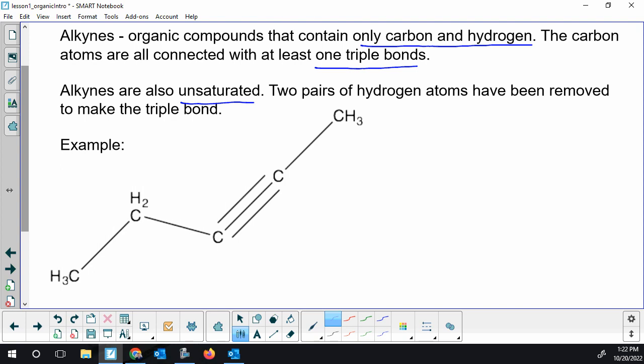The second bond requires the removal of two H's. The third bond requires the removal of another pair of H's. So that's why I say two pairs, or four H's, have been removed from an ane to make an yne.